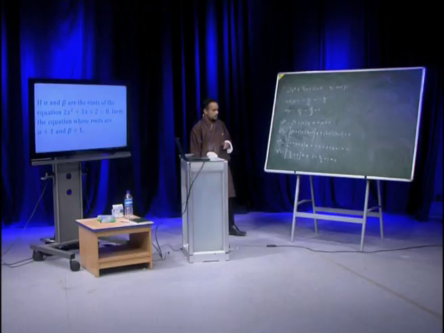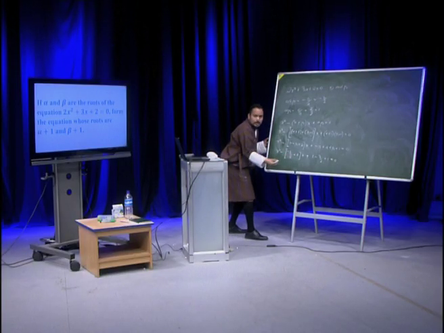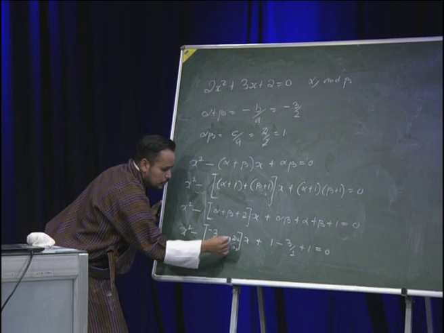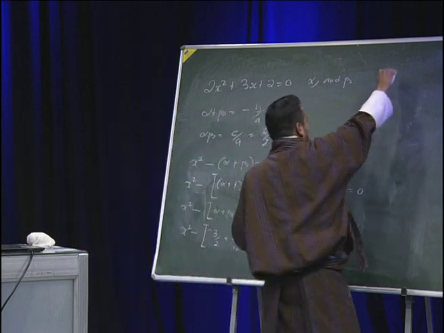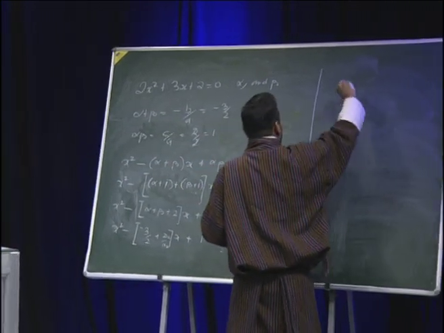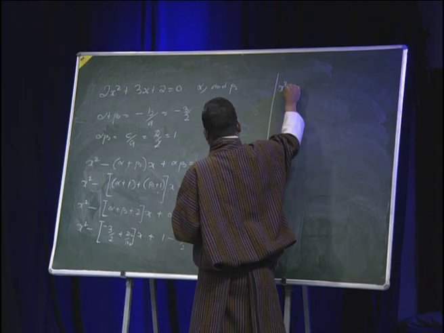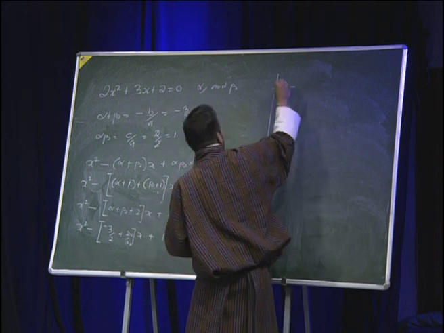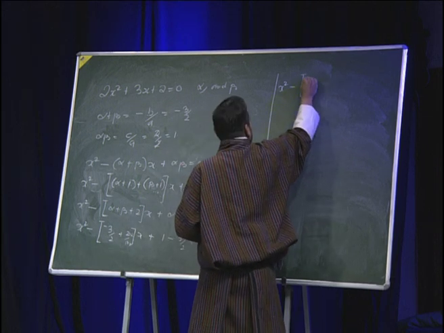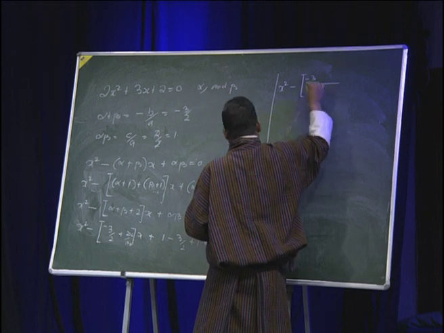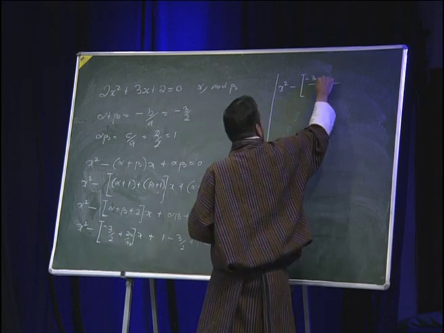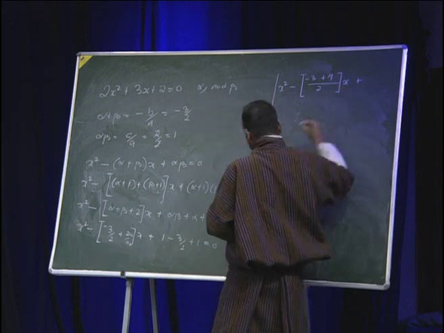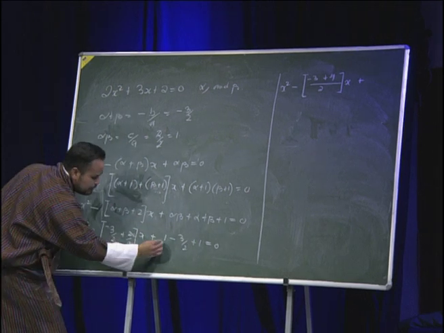Now let me simplify this. To simplify this, you have to make the denominator the same. So 2 times 2 will be 4. So I am getting x² minus, when I make the denominator the same, this will become negative 3, so 2 times 2 will be plus 4, x plus, in this term let me make the denominator the same as well.